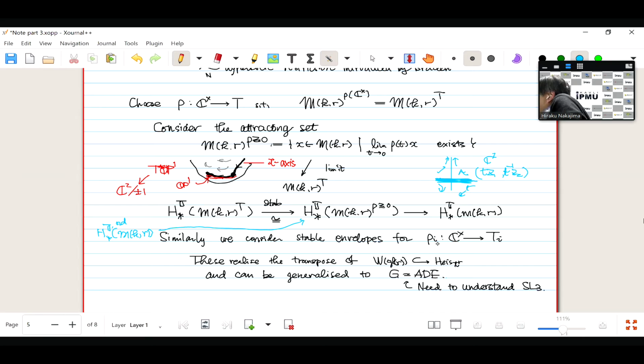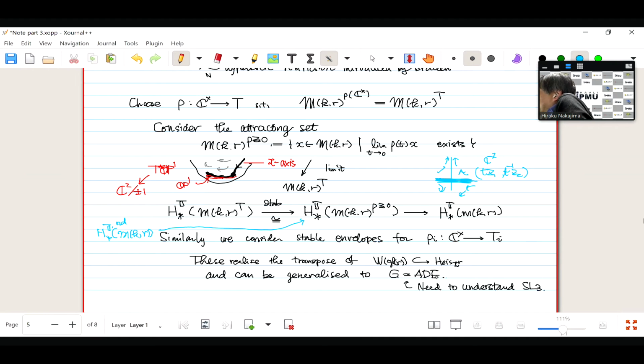And for ADE groups, the Cartan matrix has diagonal entries 2, and off-diagonal entries 0 or minus 1. So in that sense, it's similar to the case of SL3, type A.